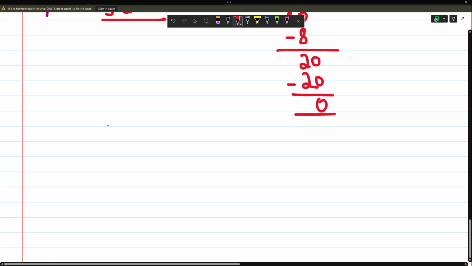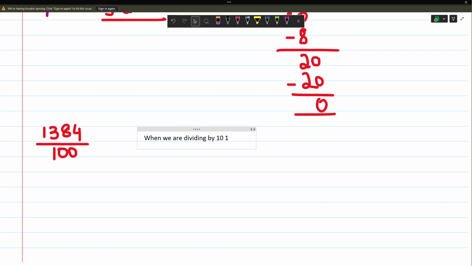One more thing I want you to know. Suppose you have this number 1384 divided by 100. Keep in mind, when we are dividing by 10, 100 or 1000, we simply just move the decimal back.